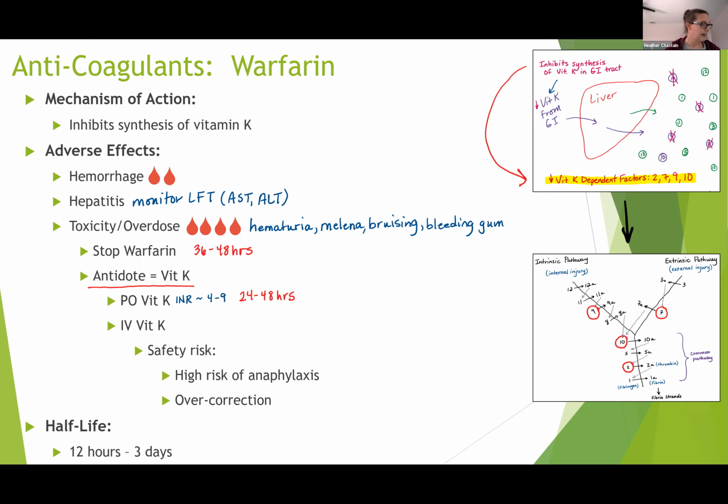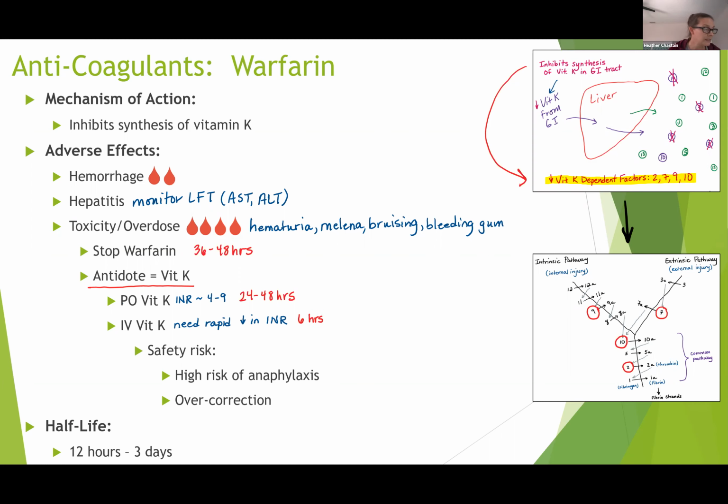We can give IV vitamin K only when we need a rapid decrease in our INR, okay? And for this, it can reverse the effects in 6 hours.